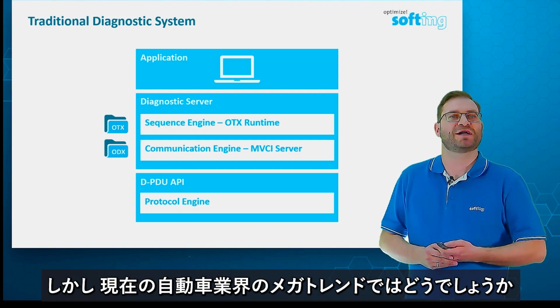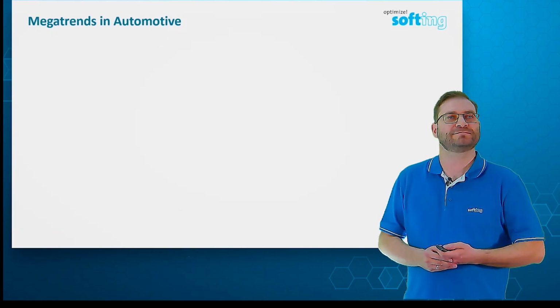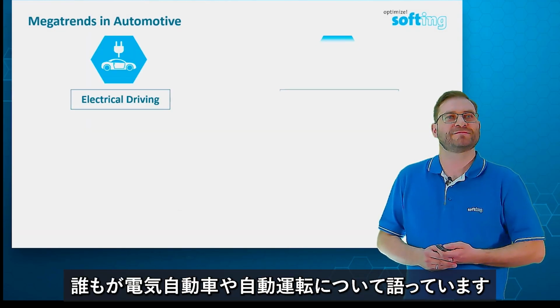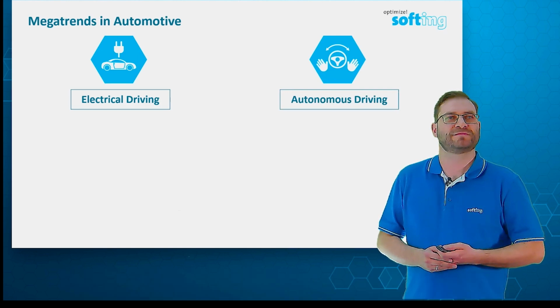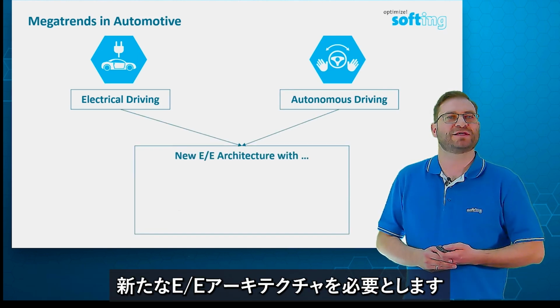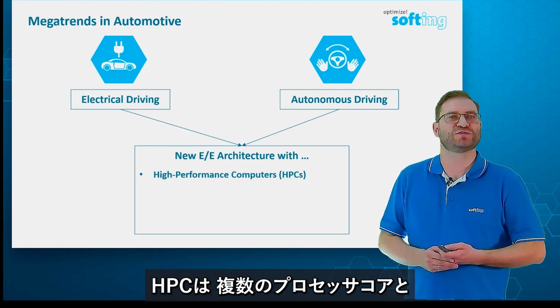But what about the current megatrends in automotive? Everybody talks about electrical driving and autonomous driving. Both trends require a new EE architecture, including high-performance computers, the HPCs.